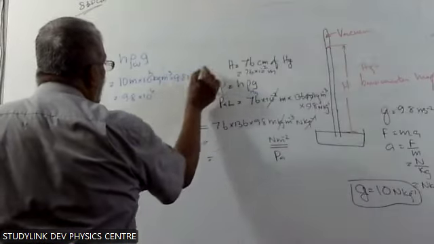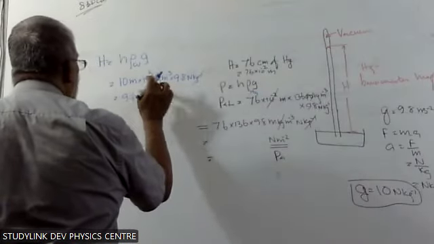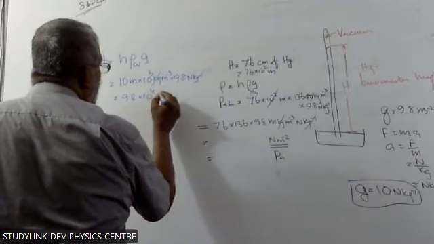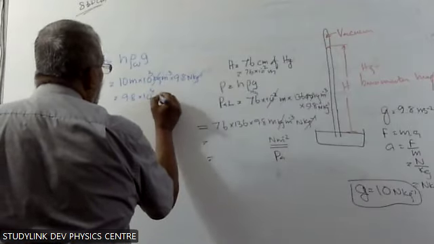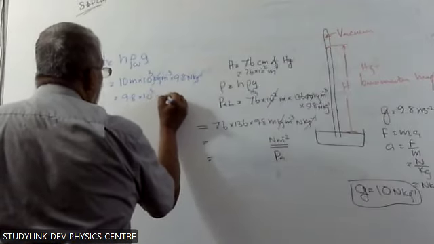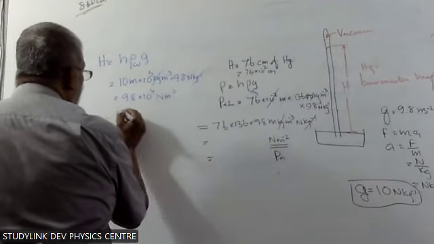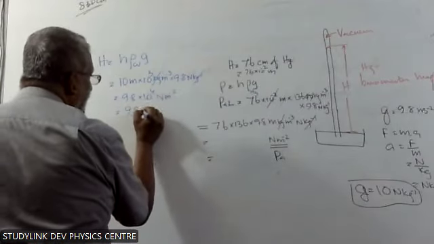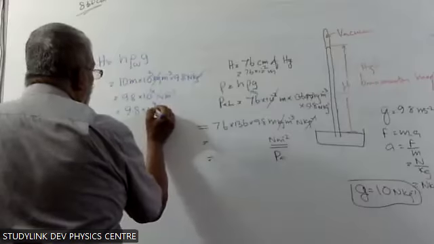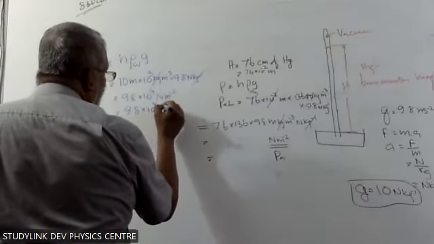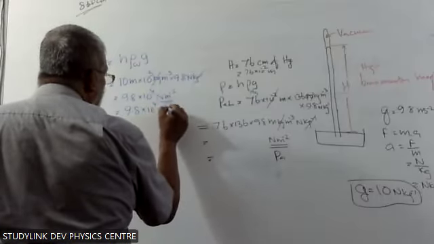Then kilogram minus 1 plus 1 cancels off, so that is equal to Newton m minus 2. Then 9.8 into 10 to the power 4 is in Pascal.